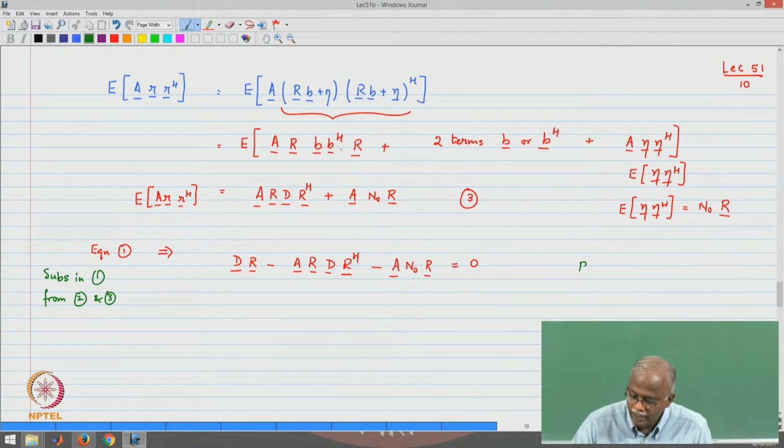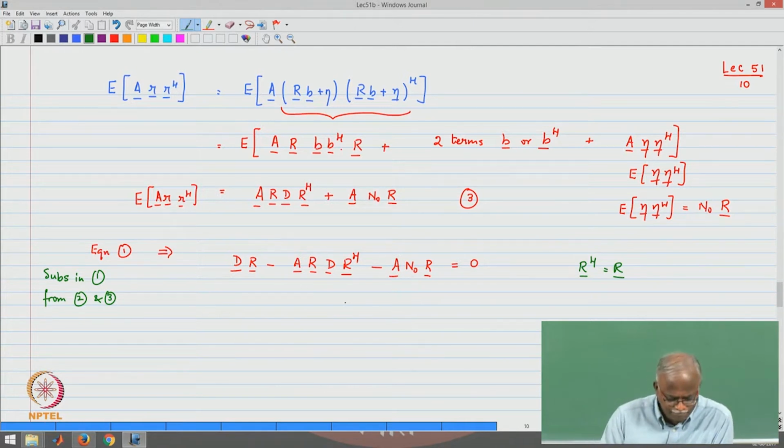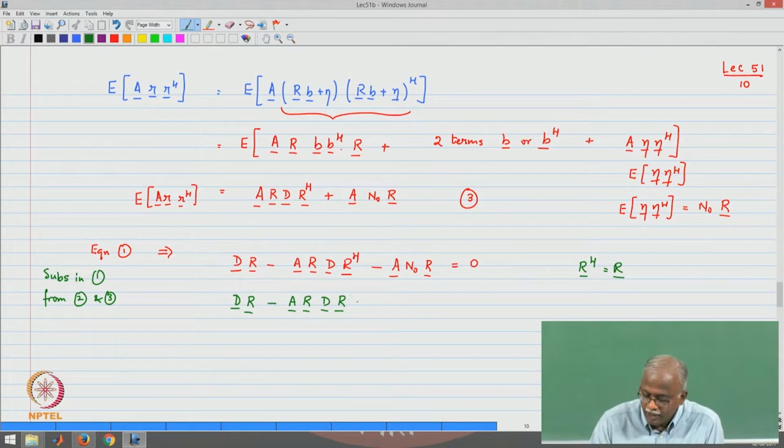And we also know that r Hermitian is equal to r, so we can simplify this. So, think of the following form, where we write this as d times r minus a times r times d times r, because r Hermitian is equal to r, minus a times n naught.